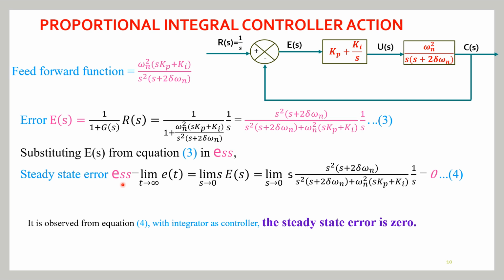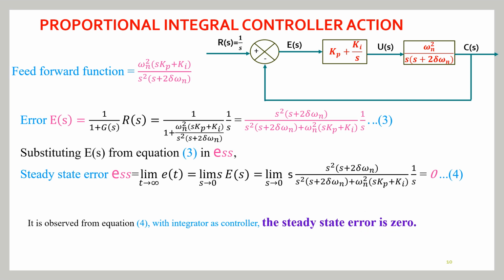To calculate the steady state error Ess, first let us solve E(s). E(s) is R(s) divided by 1 plus G(s) H(s). The H(s) value is 1. Substitute G(s) with the feed forward function, and let us calculate Ess as the limit s tends to 0 of s times E(s) in the s domain, and we got the value of Ess as 0. So we understood that the introduction of the PI controller makes the steady state error 0.